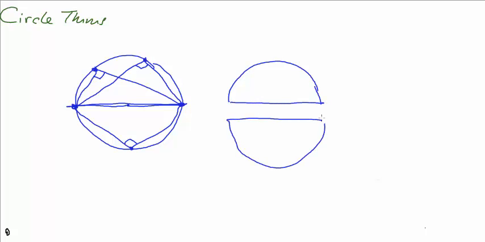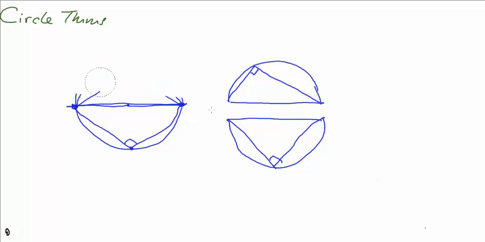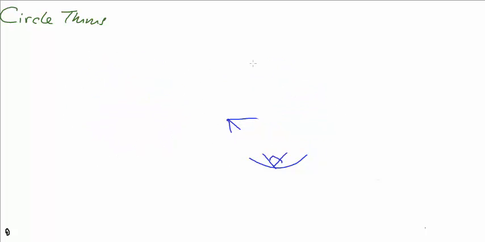Can you see that? So if that's a right angle, then this one has to be a right angle because it's the same sections. Do you see what I mean? So that's just a special case, and I want you to look out for that. That's just a special case of the last one.